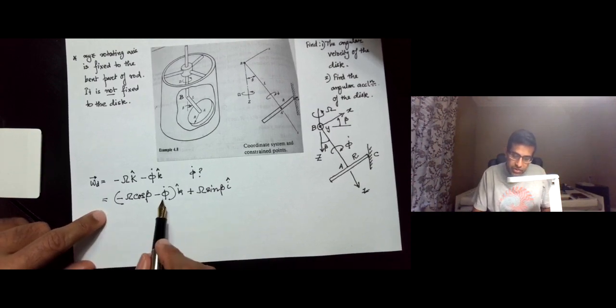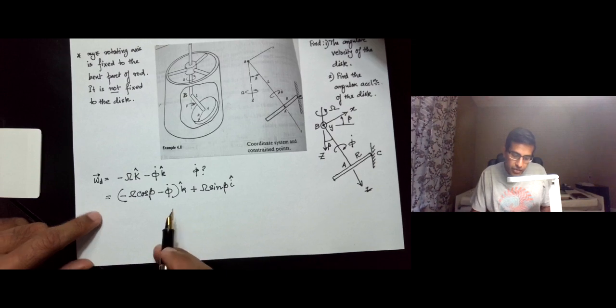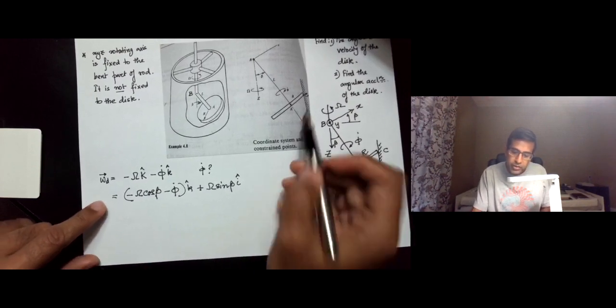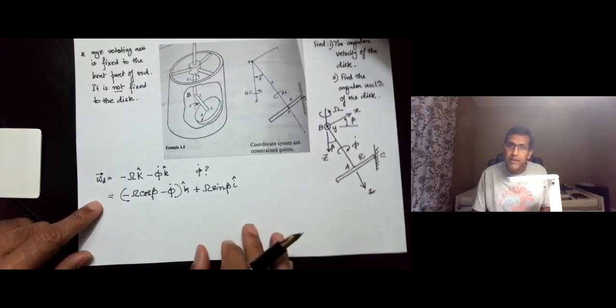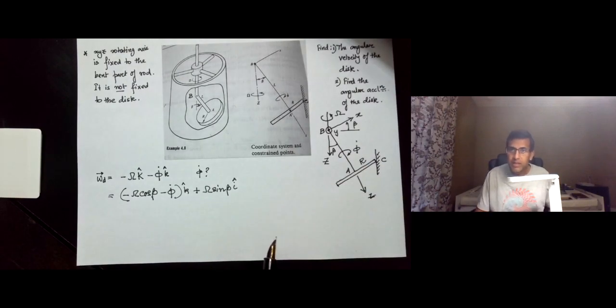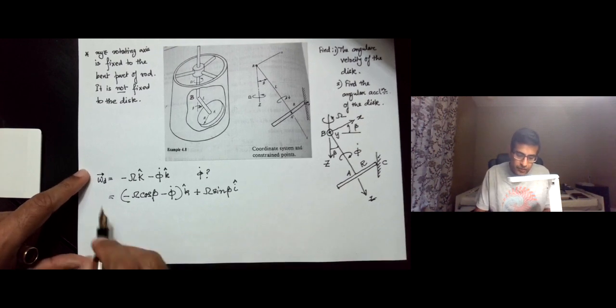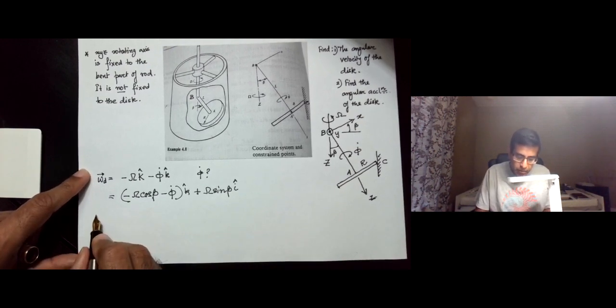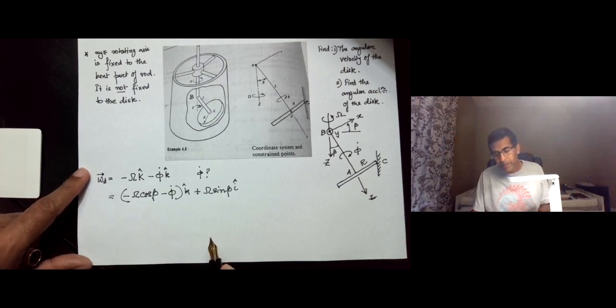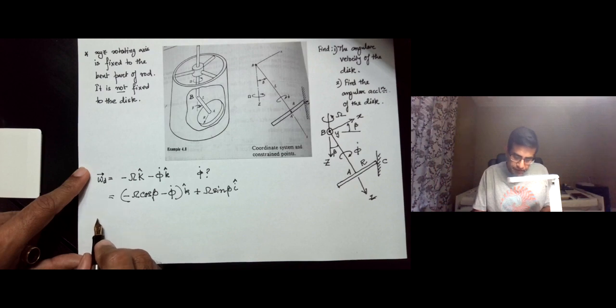While this is good, we still have to determine phi dot. The way we determine phi dot is by imposing the fact that the point C has zero velocity, because the cylinder is fixed and the disk is rolling without slipping. So at the point of contact, which is the point C, the velocity of C has to be equal to 0. The way we impose this and find the angular velocity is the following.